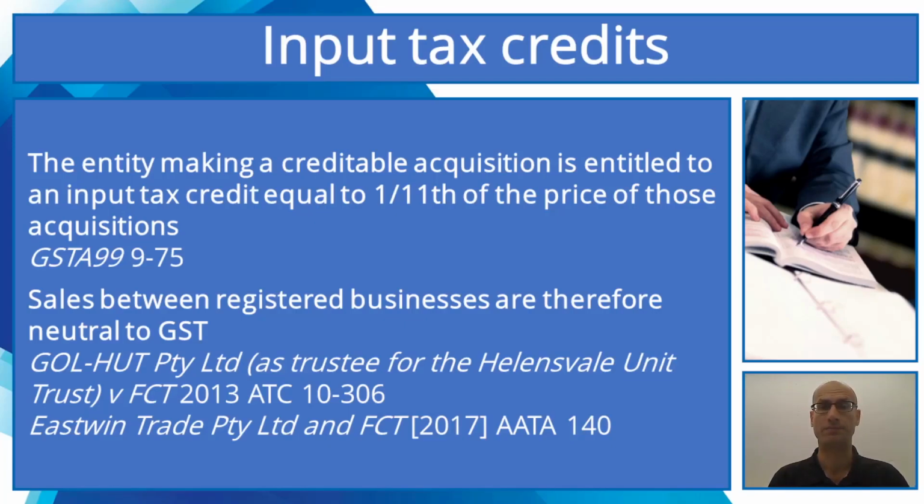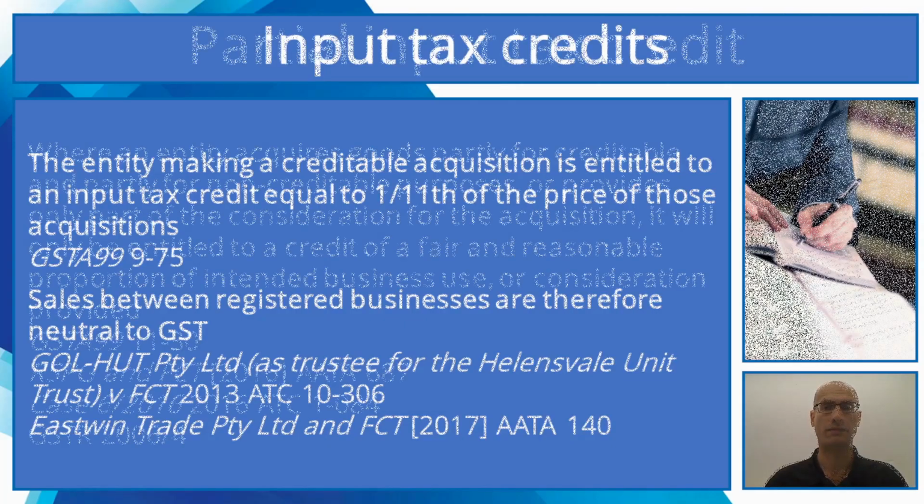So the other thing to note here is that the amount of input tax credit is the same as the amount that the entity has to charge. It's 1/11. So if you purchase something for $110, that's the purchase price, the cash amount that you have to pay, $10 of that will be an input tax credit.